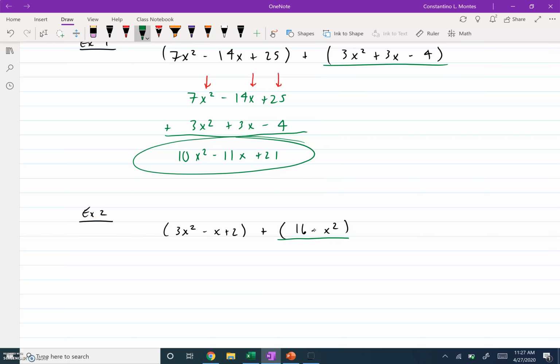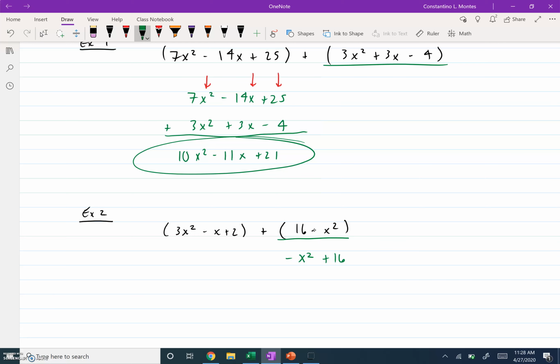I'm going to move this negative x squared to the front. Negative x squared. And this is a positive 16, so I'm going to write this as plus 16. So now I've written this as the x squared term, there is no x term, and then the constant term. So it's in decreasing degree. We jump from a power of 2 to no power, or no variable in this case.